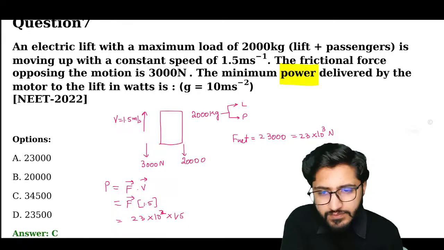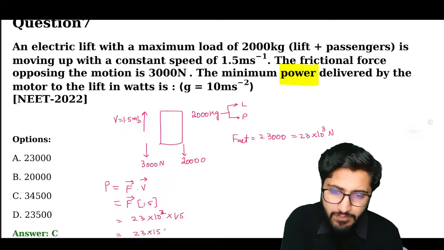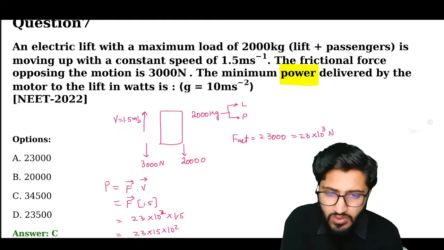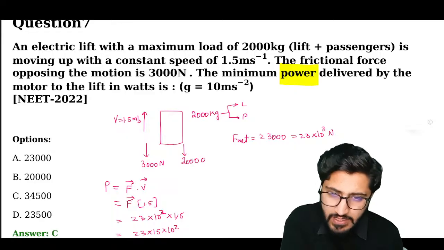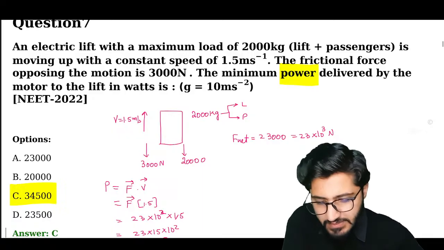It is 23 multiplied by 15 multiplied by 10 to power 2. It is 34,500 watt. So this is my answer. Option number C is my answer.